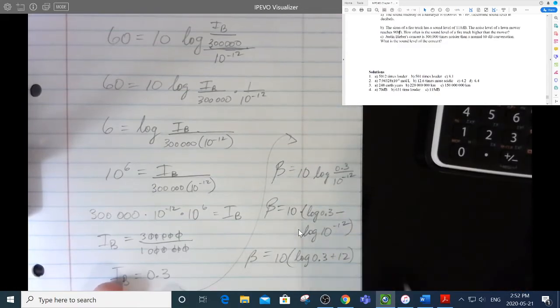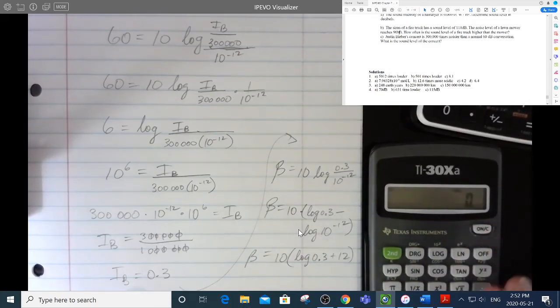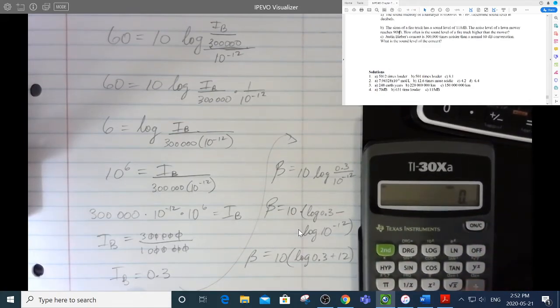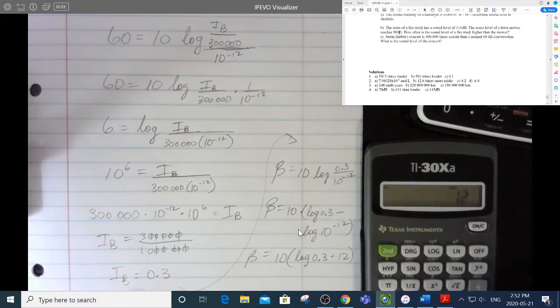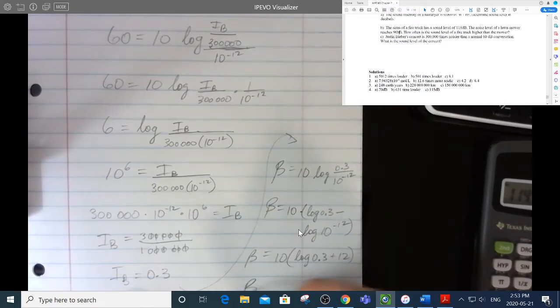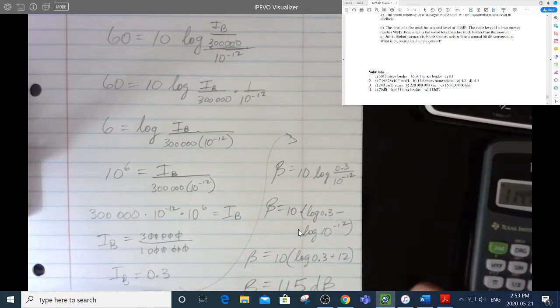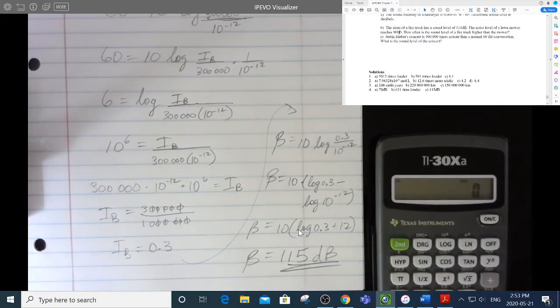Because I'm minusing a negative. And I'll use this calculator for this one. The log of 0.3 plus 12, and then times 10. And there you go. 115 decibels for a Justin Bieber concert. Really not worth losing your hearing over that.